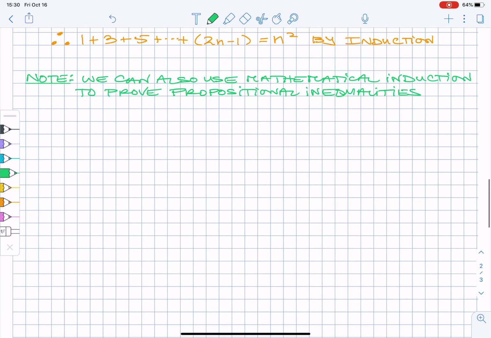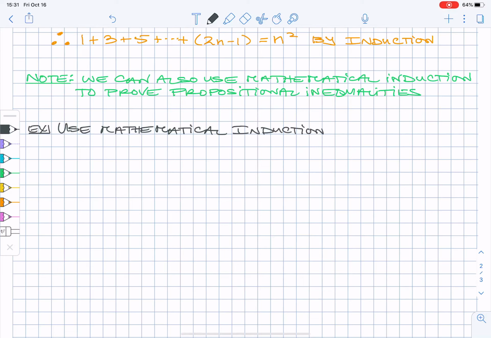So what do I mean by that? Well, for example, use mathematical induction to prove the following.